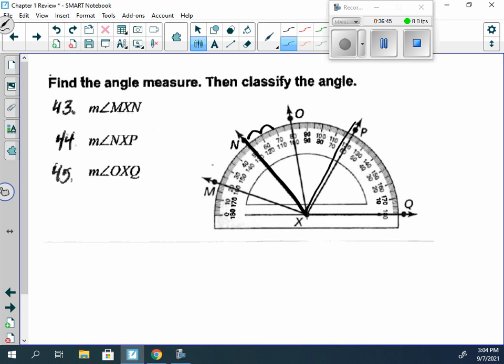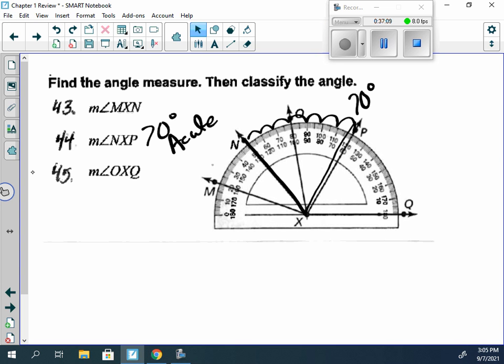So there's 10, 20, 30, 40, 50, 60. So the measure of x in XP is 70 degrees. Classify the angle. Would it be right, acute, or obtuse? Acute because it's less than 90. It's a right angle if it's equal to 90, and it's obtuse if the angle is greater than 90.